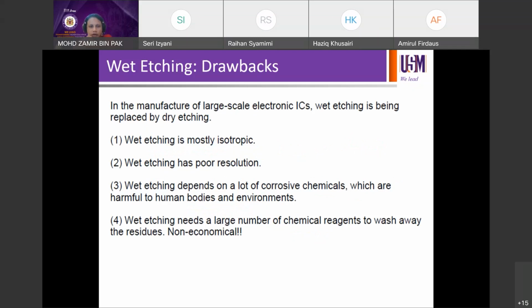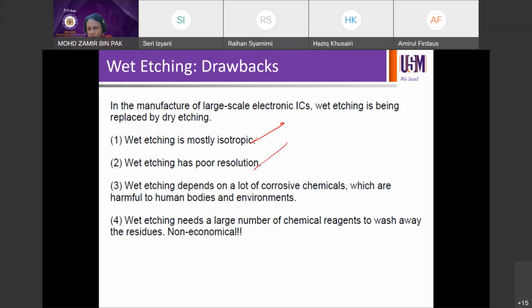In the manufacturing of large-scale electronic IC, wet etching is being replaced by dry etching. Not entirely true for all cases, but we have quite a lot of dry etching as well. So wet etching is mostly anisotropic, but not necessarily true. We discussed about 111, 100 now, which is anisotropic. Wet etching has poor resolution.